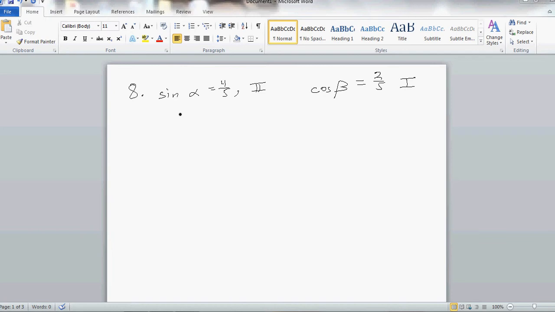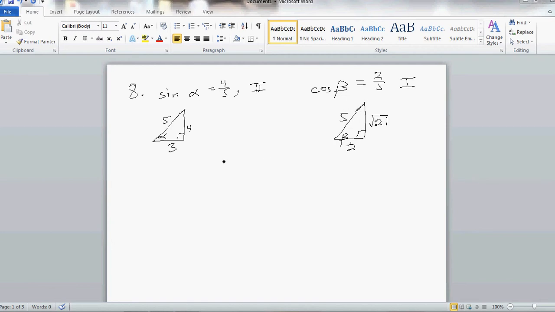So what I need are my triangles for each one of these. I'm going to have one triangle that has alpha, the other triangle has beta. Now if sine of alpha is 4/5, that'd be a 4 there, a 5 there, and a 3 there. If the cosine of beta is 2/5, I have a 2, a 5, and a square root of 21.